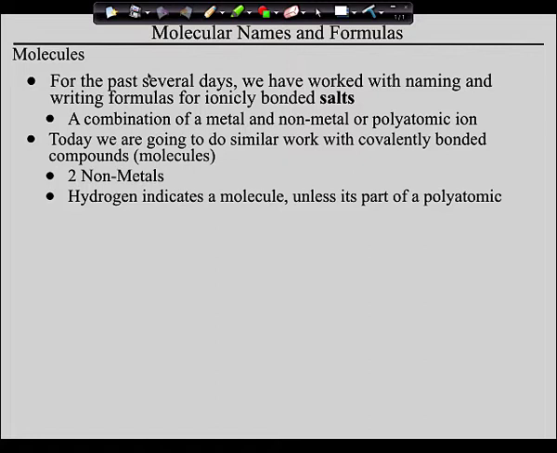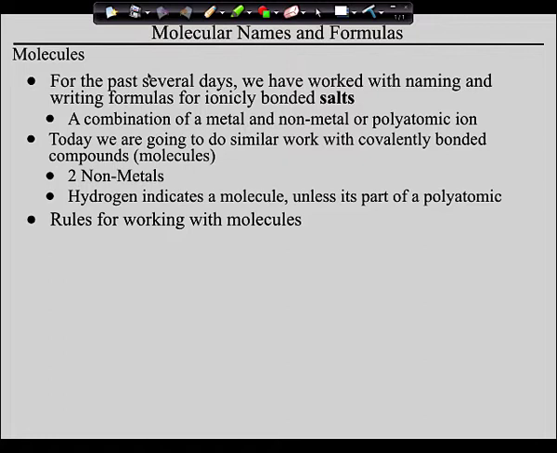That's got hydrogen in it, but it's in a polyatomic, so that would still be a salt. So, with that said, how are we going to name these things? Well, these are the rules. Write them down. We will do four or five total examples. And then there's one more thing I got to share with you, and we're done with today.